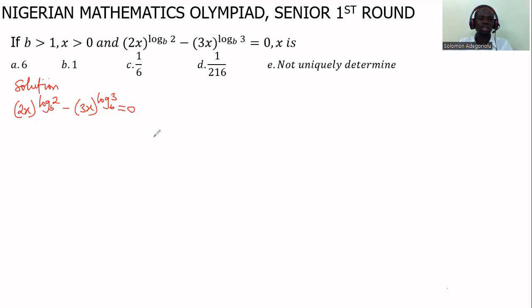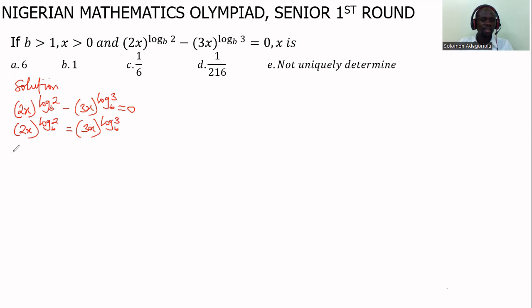So let's take this to the other side of the equality sign, and it becomes positive because it is negative here. And that's going to give us 2x raised to the power of log 2 base b, which is equal to 3x raised to the power of log 3 base b. Okay. And from here, the next thing to do is to take the logarithm of both sides.